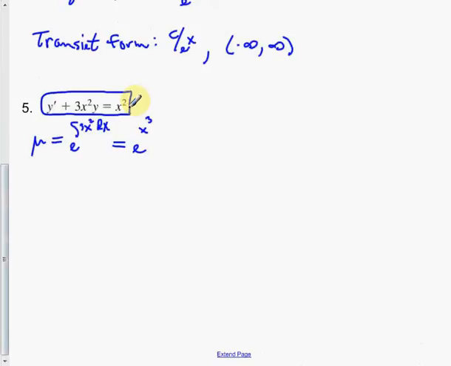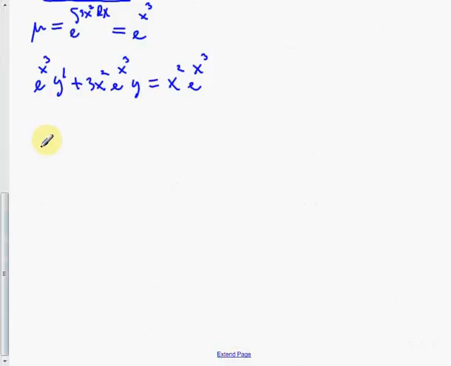So we plug everything back in, multiply the equation by e to the x cubed. So we get e to the x cubed times y prime plus 3x squared times e to the x cubed times y is equal to x squared times e to the x cubed.